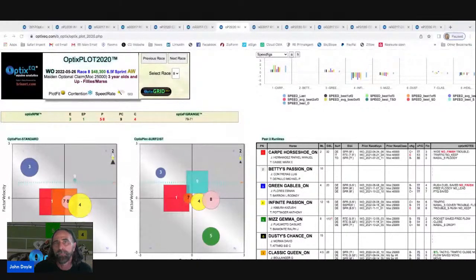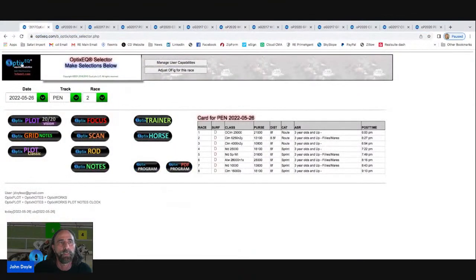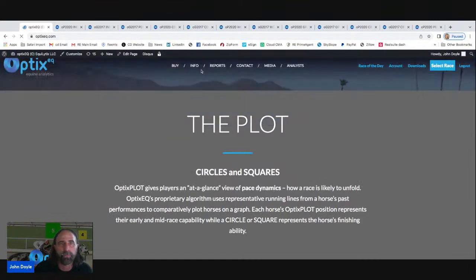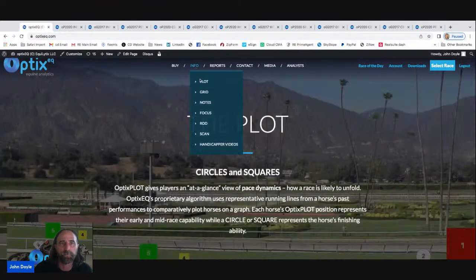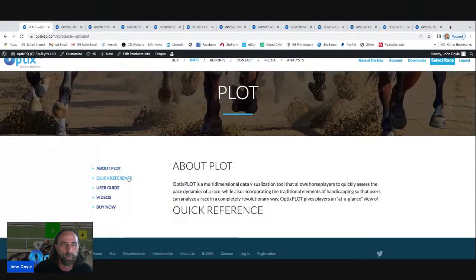Okay. If you're new to optics, you can go visit our website at OptixEQ.com. Let me show you this. A lot of people ask about how do I use things. Great information here on the website. Go to the plot, and just a treasure of information. Quick reference guide.